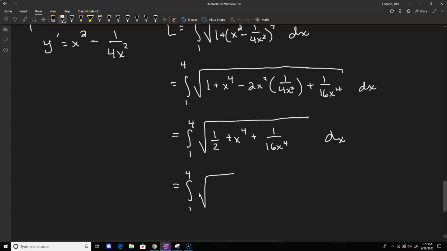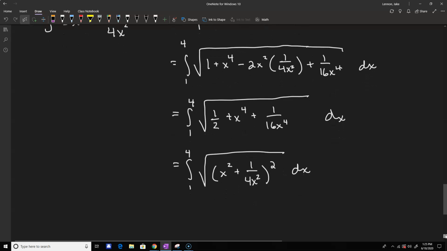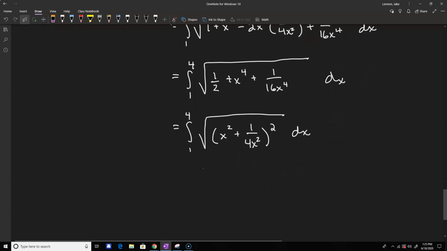So in fact, what's inside the square root factors into x squared plus 1 over 4x squared, quantity squared. You can check that by FOILing it out if you want, but it does work. So that makes the integral much, much easier. We just end up with the integral from 1 to 4 of x squared plus 1 over 4x squared dx.